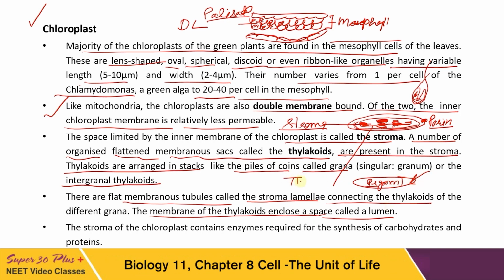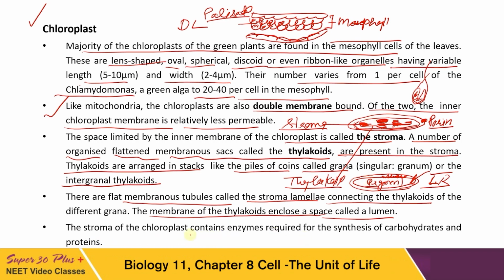That's why the thylakoid is the place where the light reaction of photosynthesis takes place. We will discuss the details when we cover photosynthesis physiology. This is the lumen of the thylakoid, and the thylakoid membrane has the pigments here.